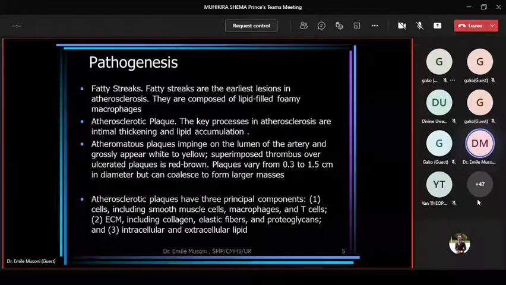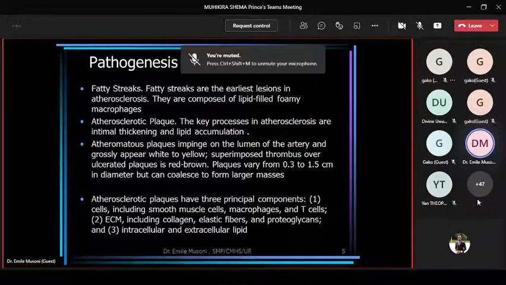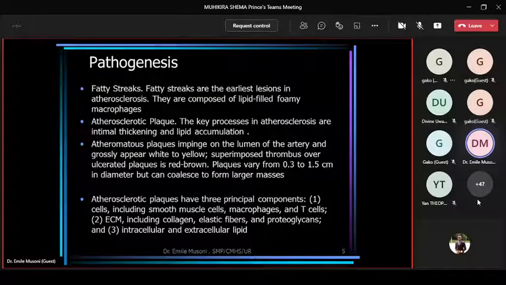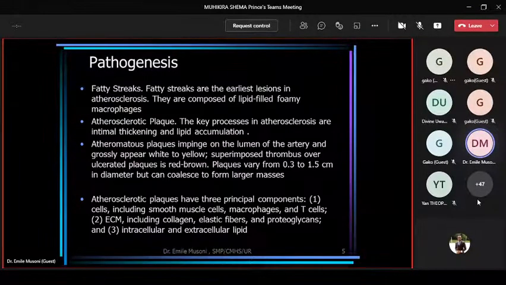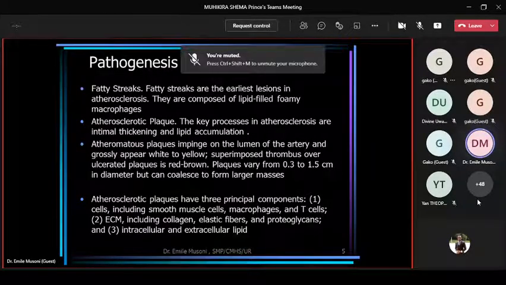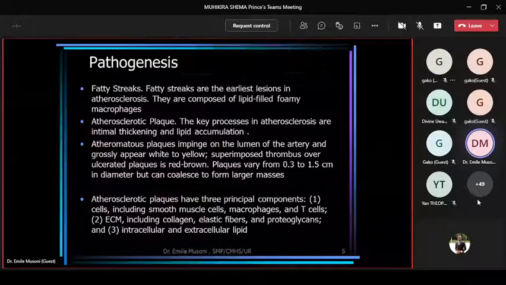So, in summary, understand that in atherosclerosis, there is involvement of the endothelial cells, platelets, lipid, smooth muscle from the intima, and then there will be fatty streak at the beginning, atherosclerotic plaque, and at the end, atheromatous plaque.